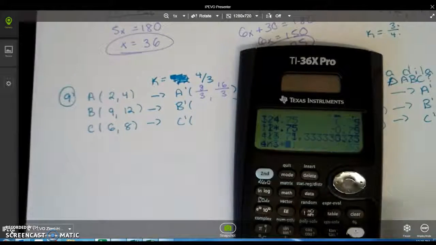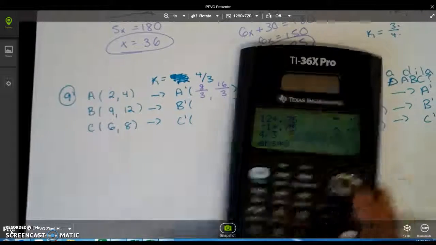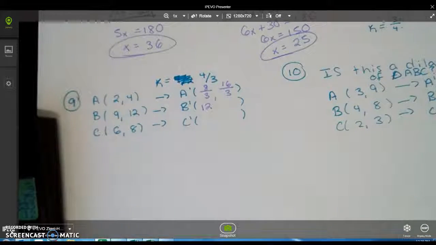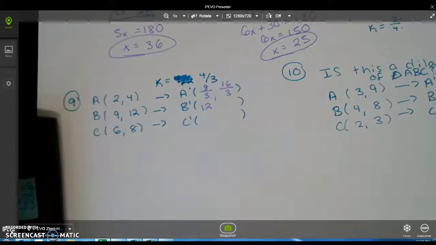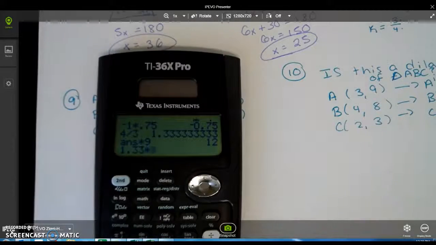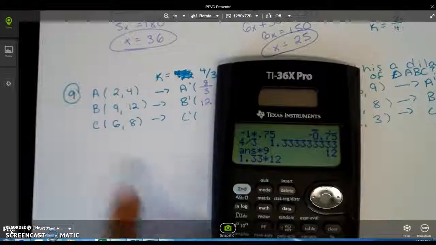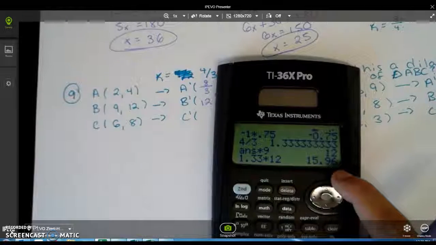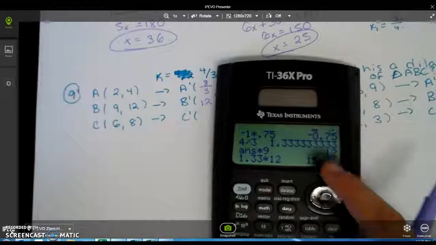I put 4/3 in the calculator, find out what that is, and multiply that by everything else. So that times 9 is 12. 1.33 times 12, right, is 16. And this is where this becomes a problem because I need the repeating decimal.